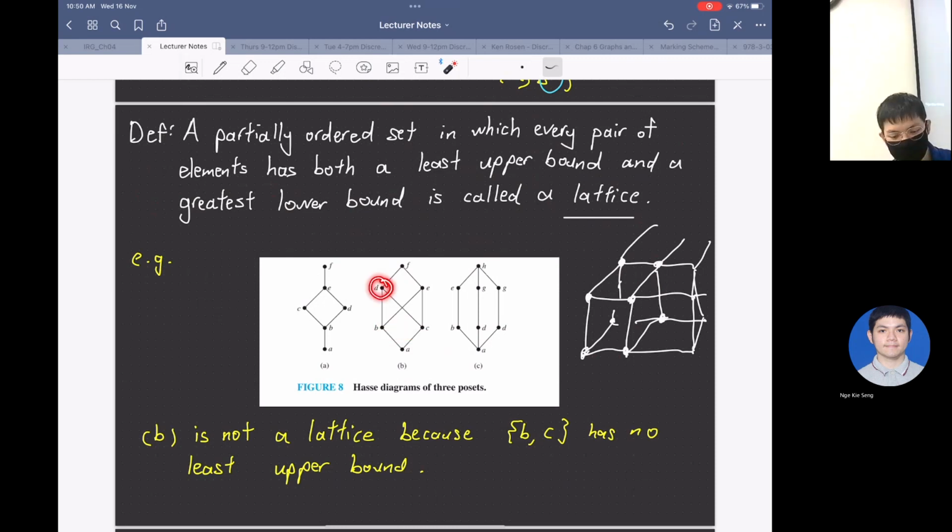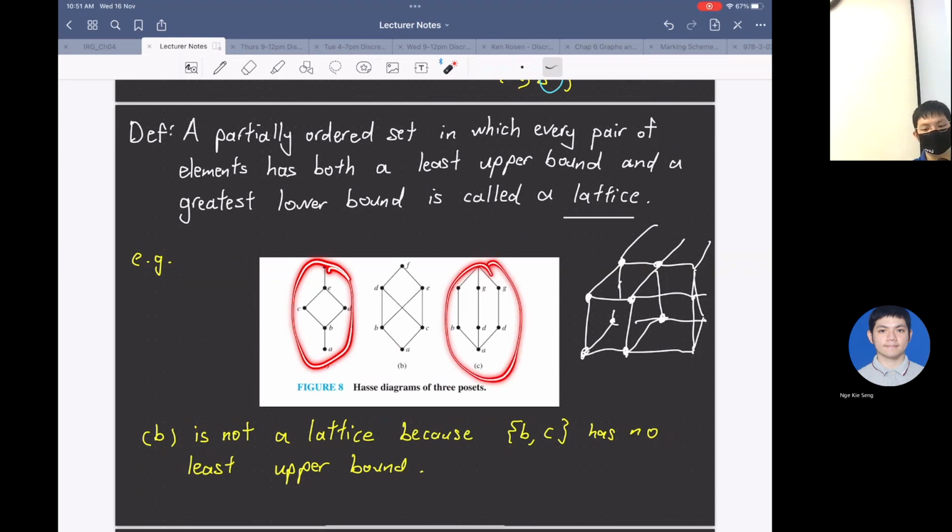It's D, E, and F, because these are greater than these two. So what's the least one? You need to choose between D and E. But D and E are not comparable, so we don't know which one is the least. So there's no least upper bound here. It has the greatest lower bound, which is A. But there's no least upper bound.